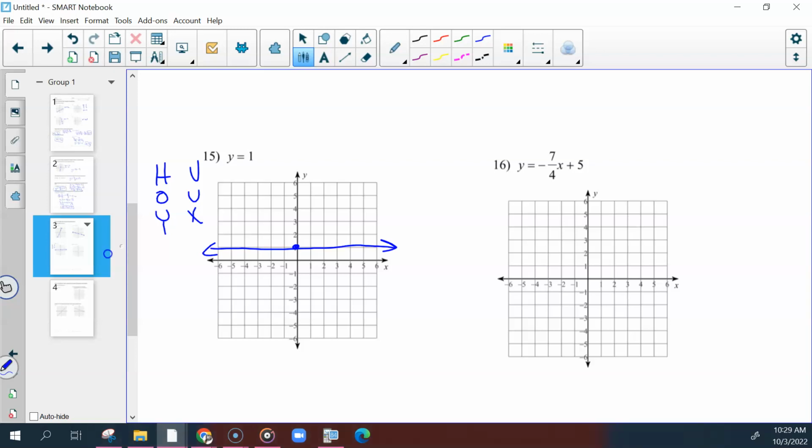And then the last one, start at +5. We can't go up, so you have to go down, and to the right 4. So this one would only have 2 points, and you would graph that line. Questions on any of those 4?